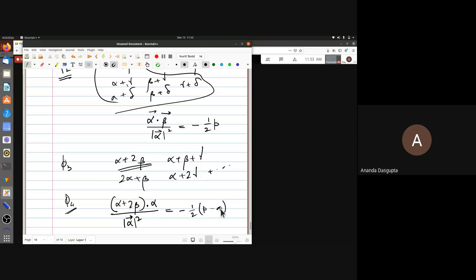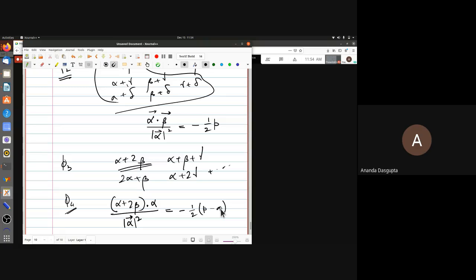If you could, what would be the vector? If you shifted down from alpha plus 2 beta along alpha, what root would you get? Again, this is simple vector algebra.